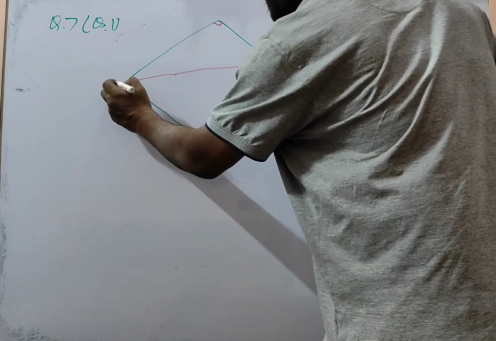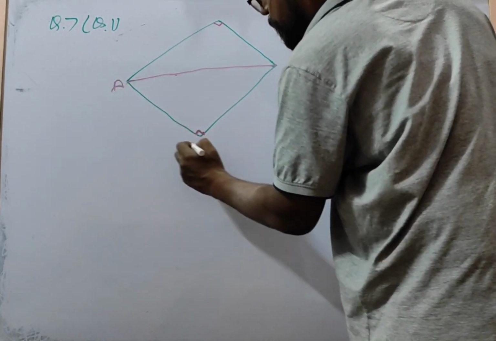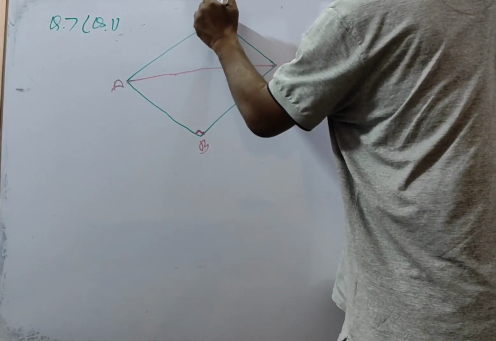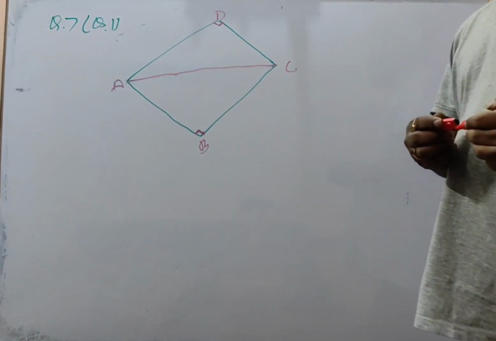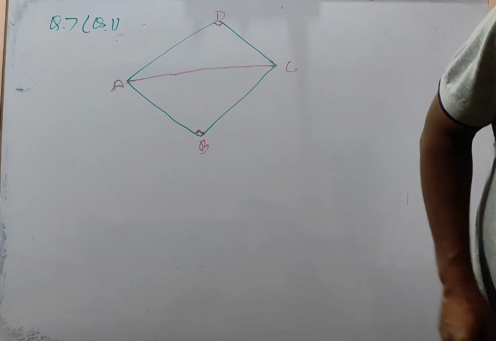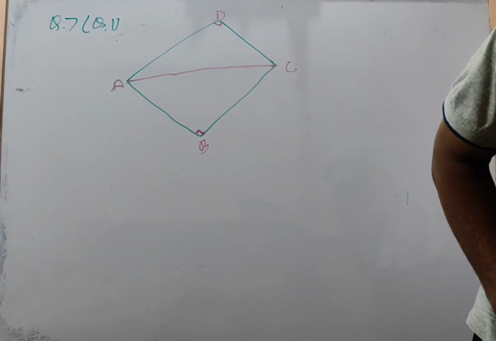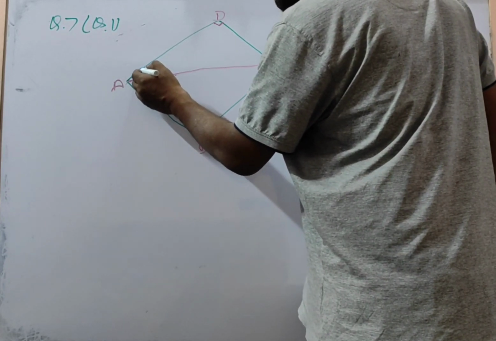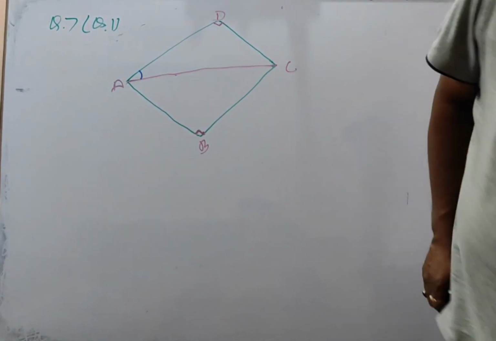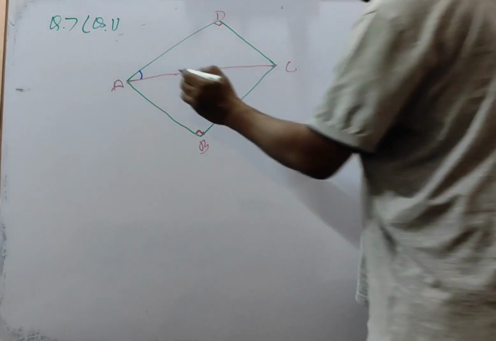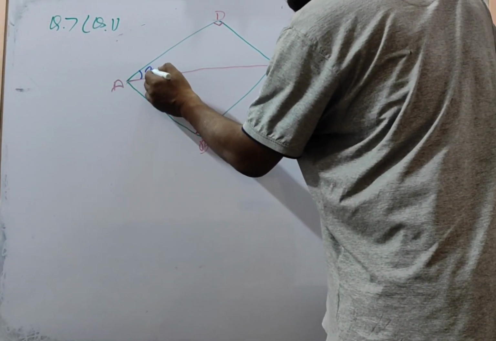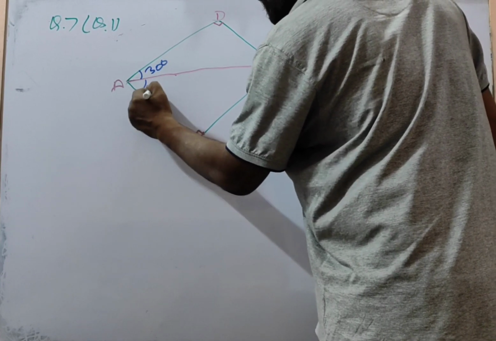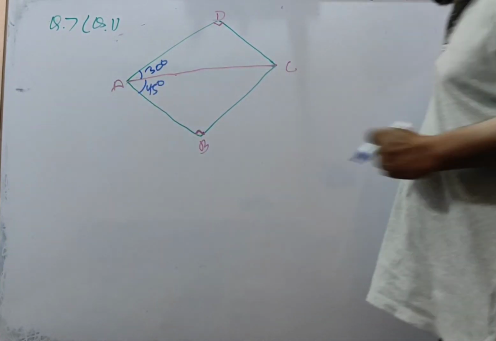If I say this is A, this is B, this is C, and this is D. This is 30 degree, and this is 45 degree.